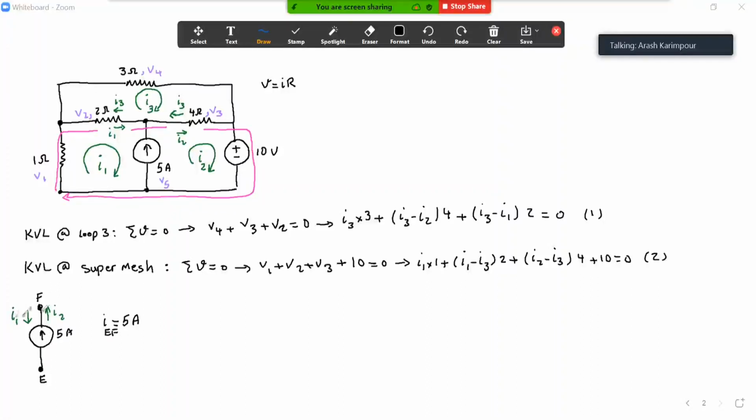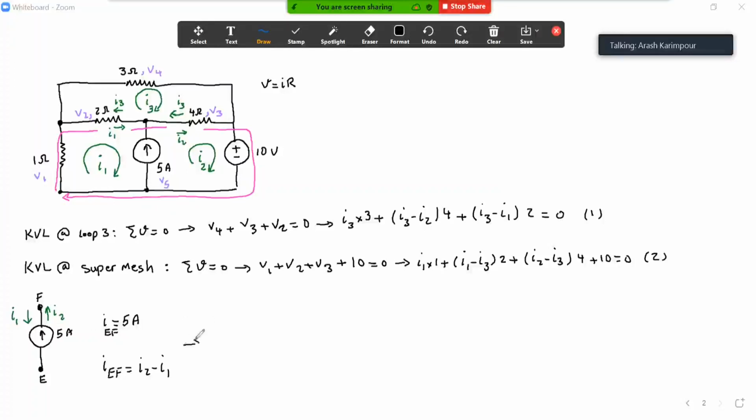Now look at I2 minus I1. Also I know that the current in EF is the difference of these two. It is I2 minus I1, because I2 is going from E to F and I1 is against that. So it's the difference of these two.